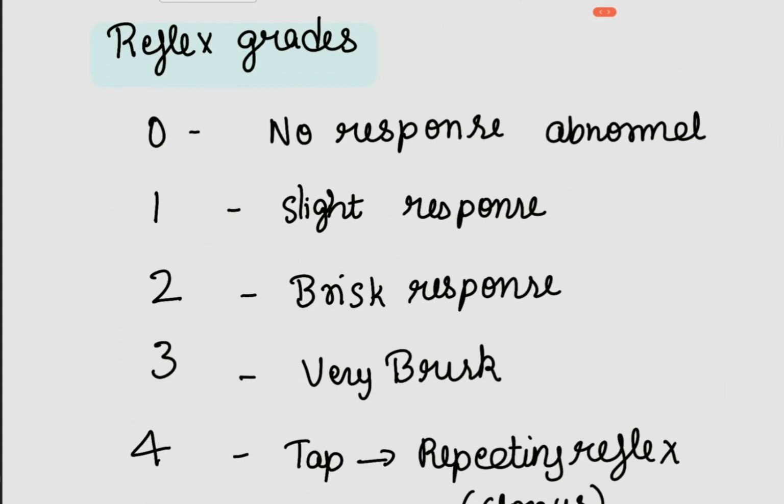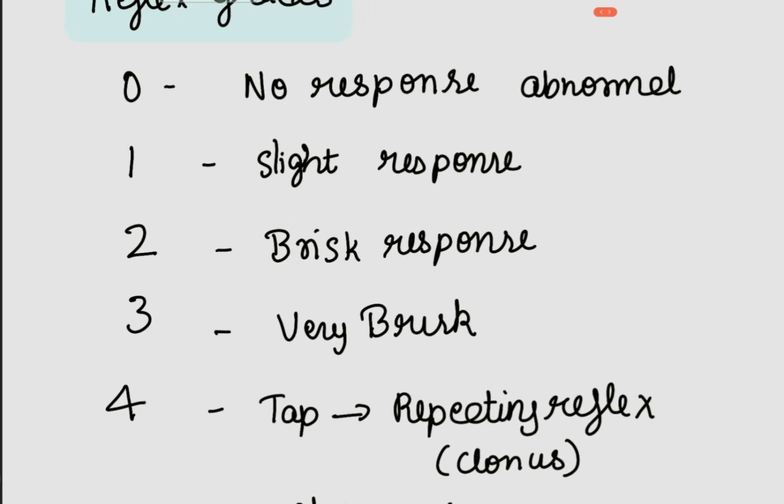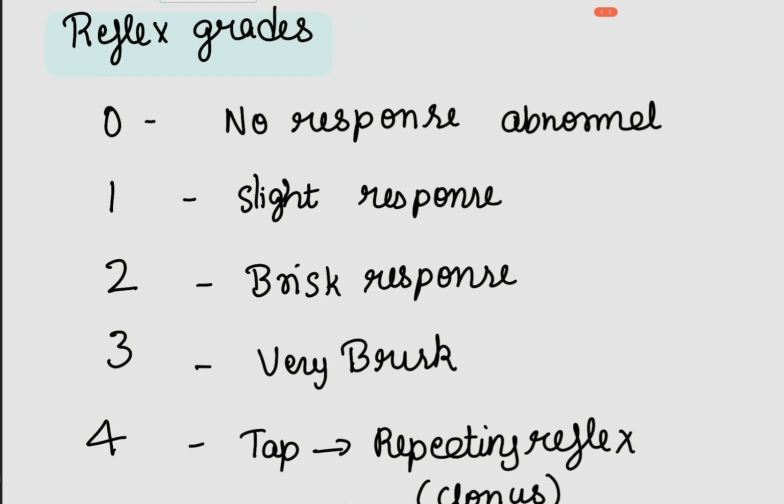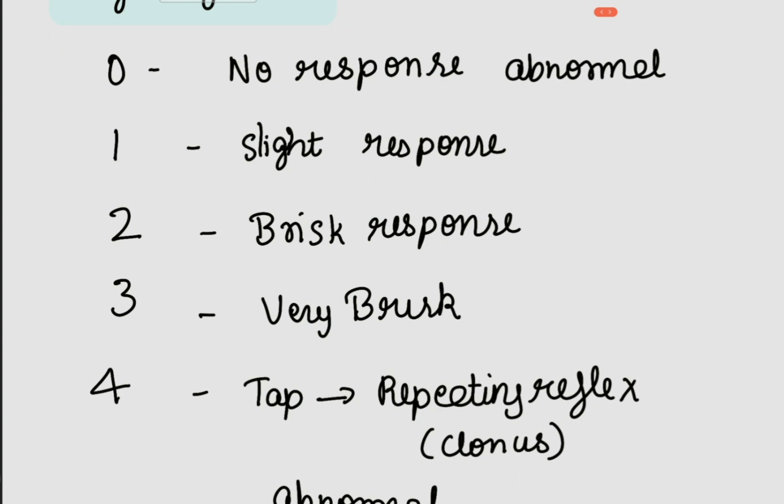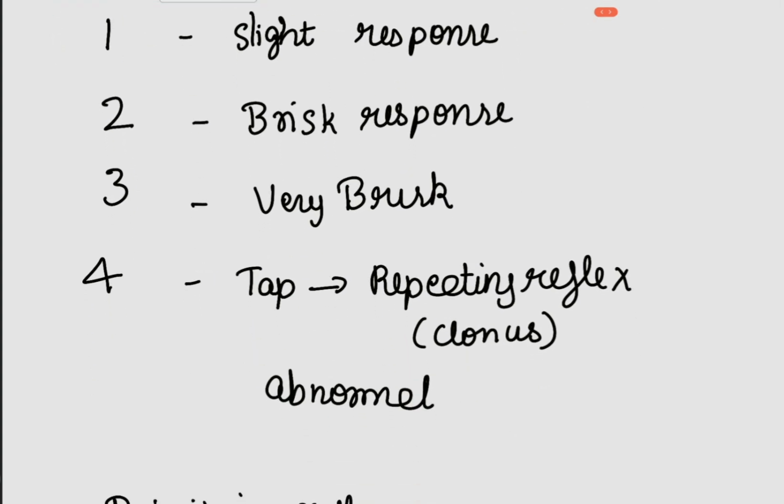As we saw how the power is graded, we have the reflexes graded too. So 0, no response, that is abnormal. 1 plus, slight response. 2 plus, brisk response. 3, very brisk. 4, even on slight tapping there is a repeating reflex, that is clonus, and it is abnormal.